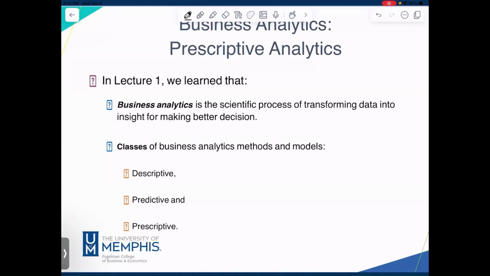Simulation is one of the prescriptive techniques, which means that you will not be predicting unknown or future data like you did in regression or time series. Instead, you will be prescribing the best thing to do based on the data that you have.